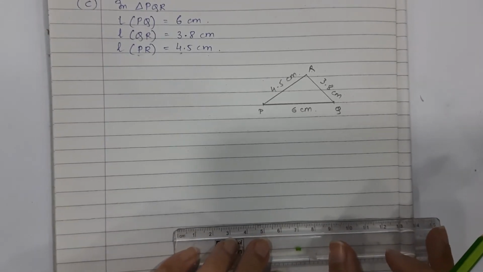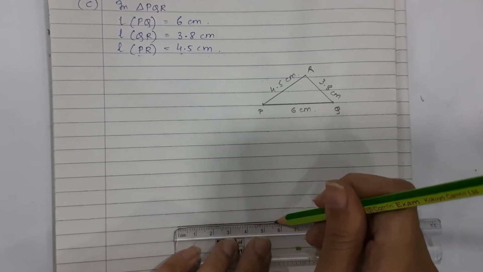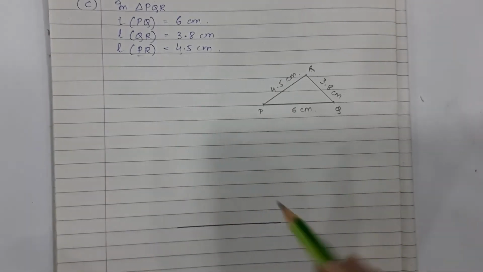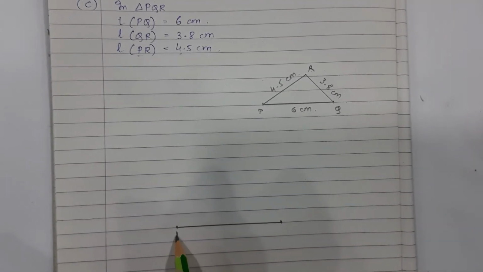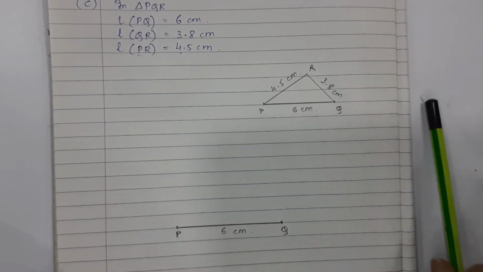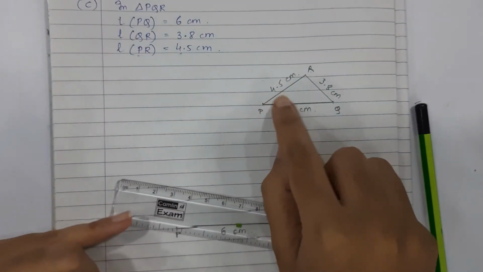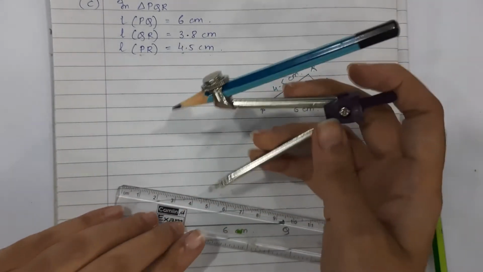Our base is 6 centimeters, that is side PQ. So on the scale I am taking exactly 6 centimeters and making a line segment, darken the endpoints, label it and write down the measure. Once we are done, take a compass, take exactly 4.5 centimeters, that is side PR we are going to make first.